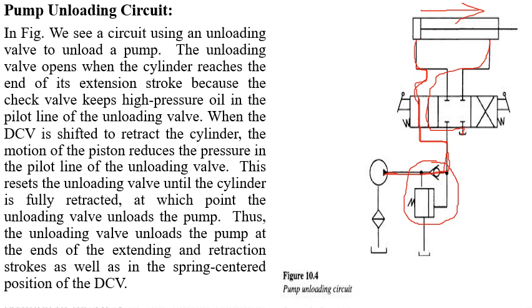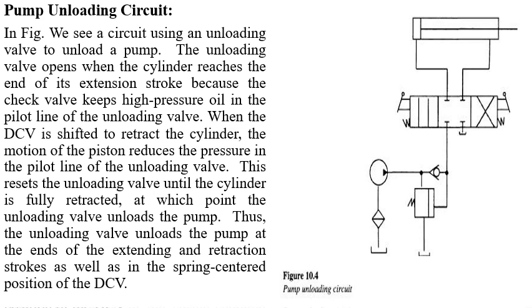When the direction control valve is shifted to the retract position, to retract the cylinder, the motion of the piston reduces the pressure in the pilot line of the unloading valve. This resets the unloading valve until the cylinder is fully retracted, at which point the unloading valve unloads the pump.